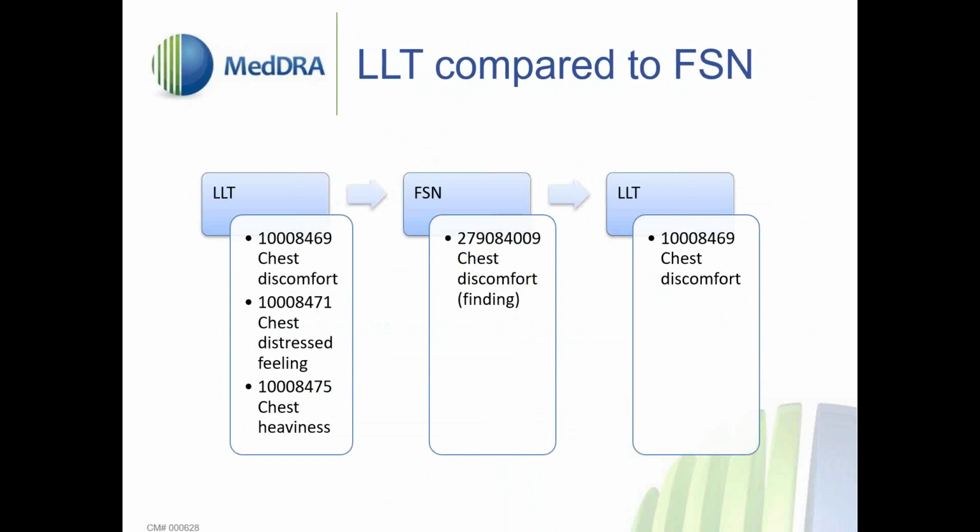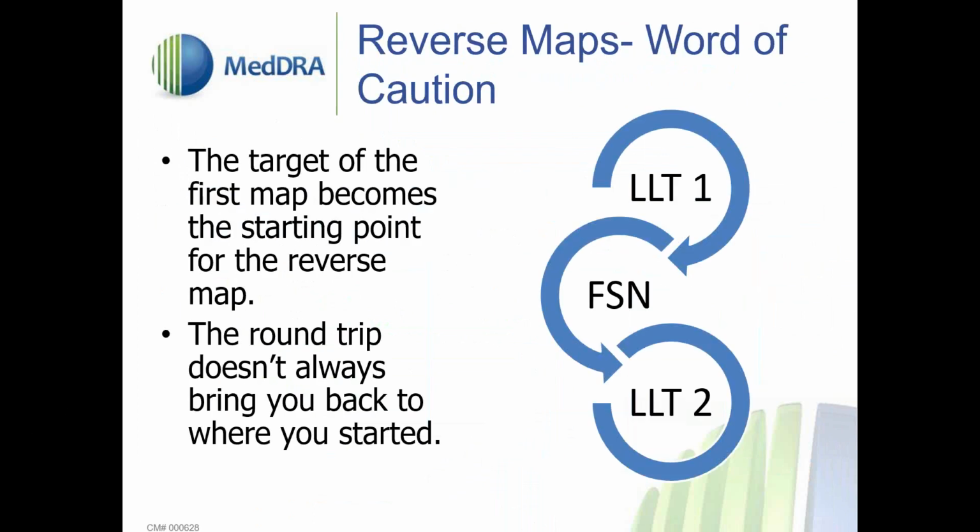So you can see that just by nature of this relationship, the MedDRA to SNOMED map contains more individual mapped terms than the SNOMED to MedDRA direction. And this is, again, because that target becomes the starting point for the reverse map.